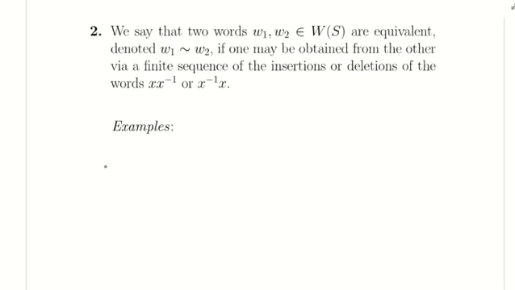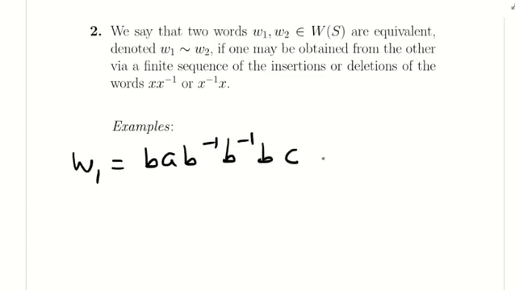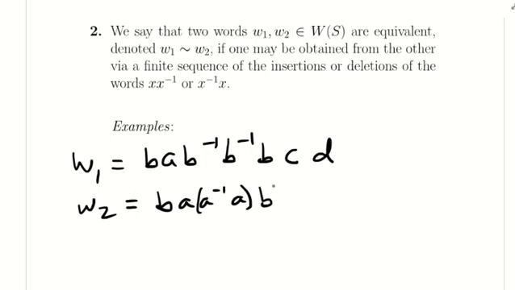here's an example. Say word 1 is B A, B inverse, B, inverse B, C, D. That's going to be equivalent to something like B, A inverse A. See how I've just put that in there. B, inverse B, inverse B, C, D. Well, now I could have removed this one here.